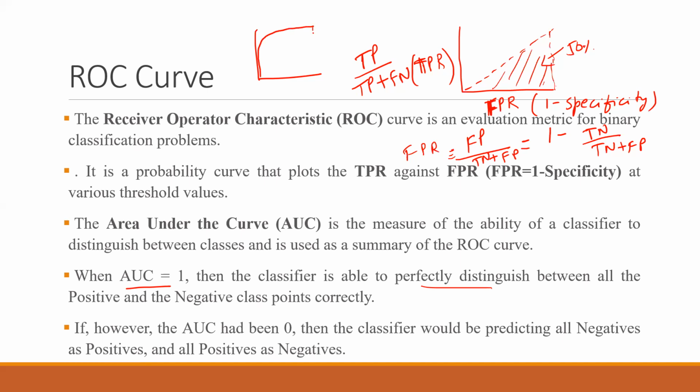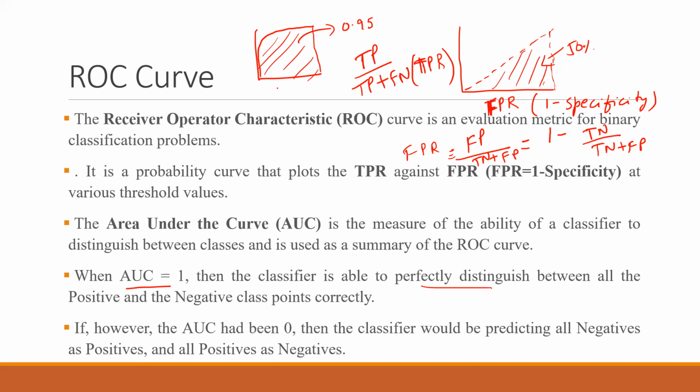So if my curve goes like this, it is covering so much area. Let's say it is nearly 0.95 out of 1, so 95% of the area is being covered.